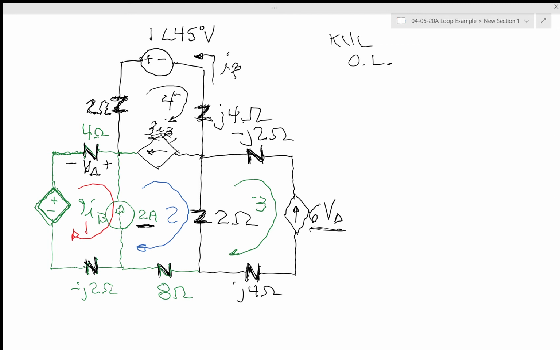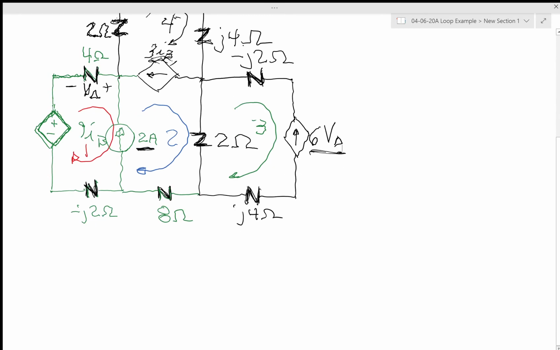All right, so let's get started. So here we go. We're going to define I1 and I2 first. So we're going to have a super loop.